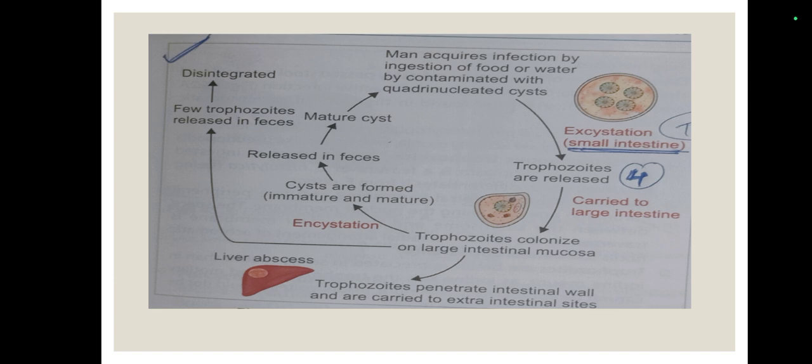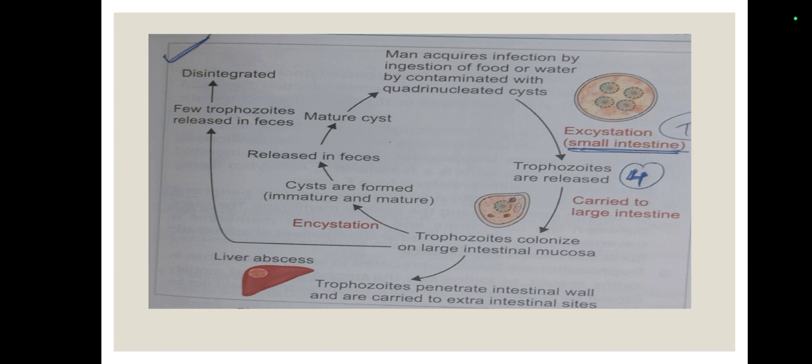These trophozoites from the small intestine are carried to the large intestine, and they colonize on the large intestinal mucosa. From here, some of the trophozoites penetrate the intestinal wall and are carried to extraintestinal sites.